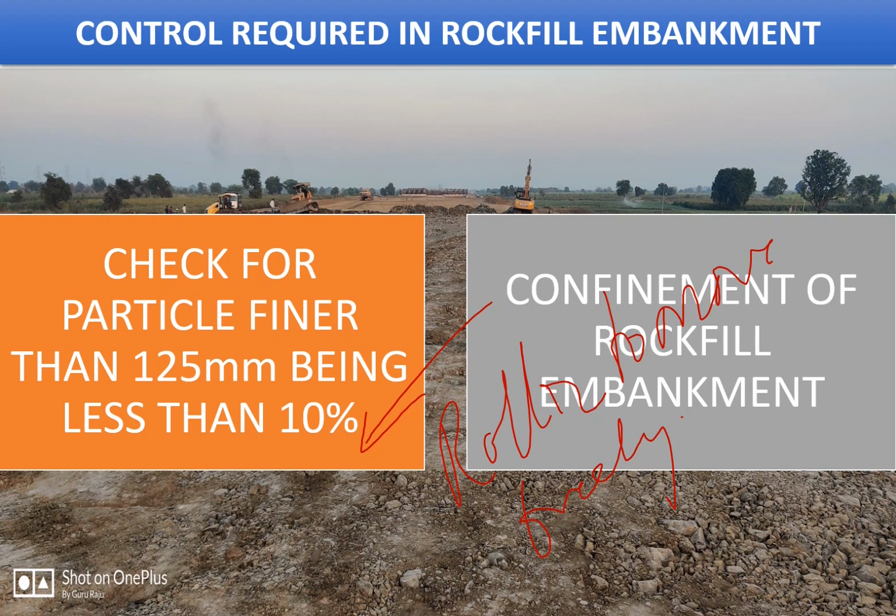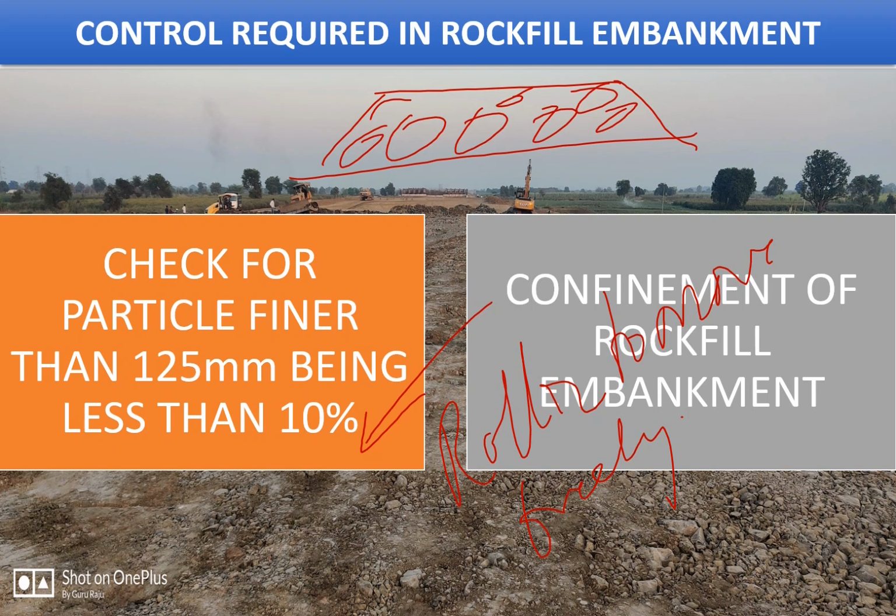Because if you have a rock fill embankment filled with rock, and you are also laying, if you are not confining it from the sides, if this confinement is not there, these rocks, the particles of the rocks will have a tendency to move horizontally, the fines can be washed out because of the infiltration of water, and then the voids can be moved.